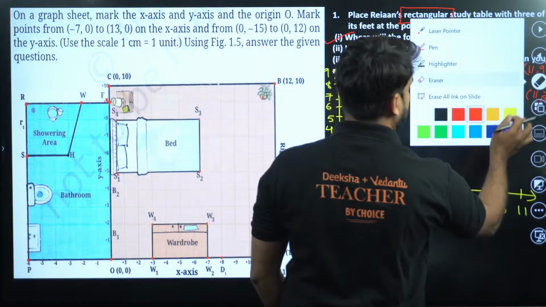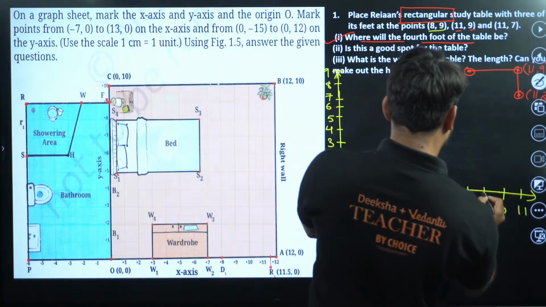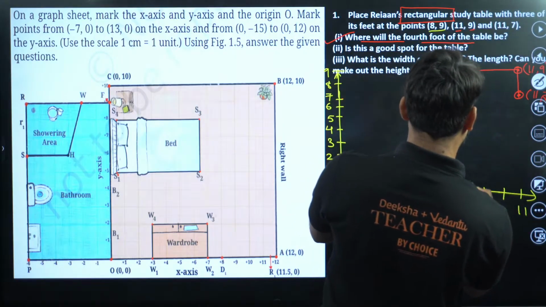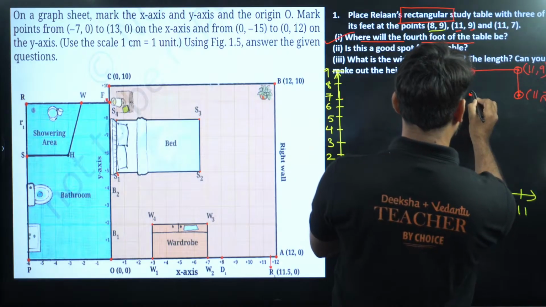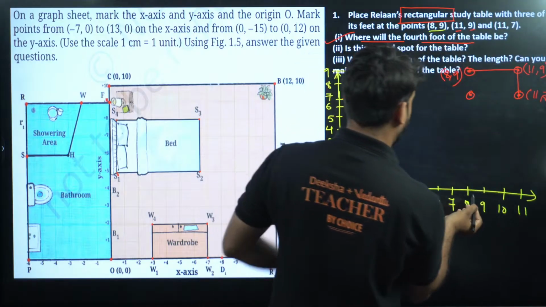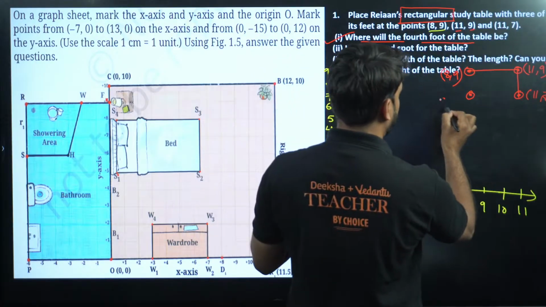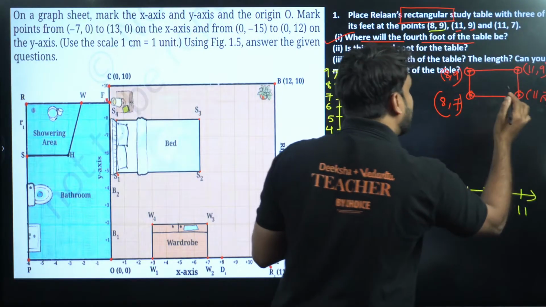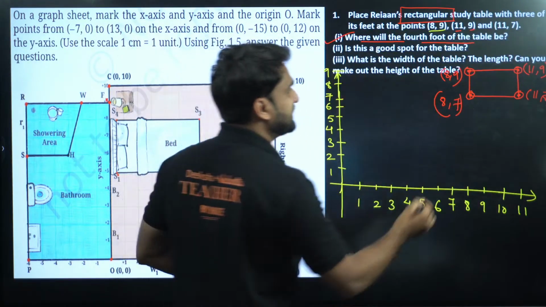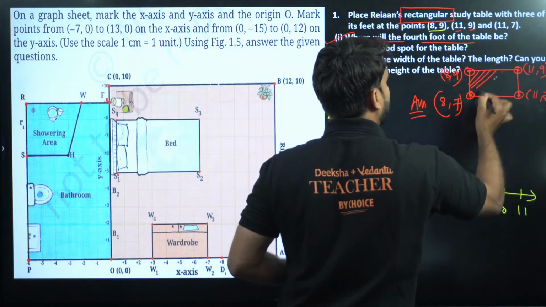The x coordinate here is 8, and the y coordinate will be 7. So the fourth coordinate will be 8, 7. Then only we can make a rectangular table. So this is the answer. This is the rectangular table.